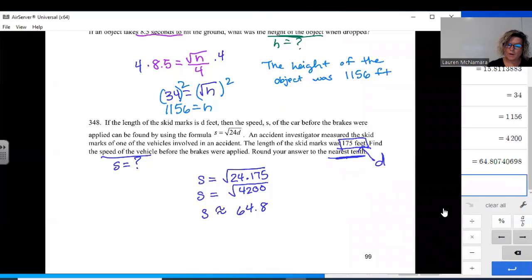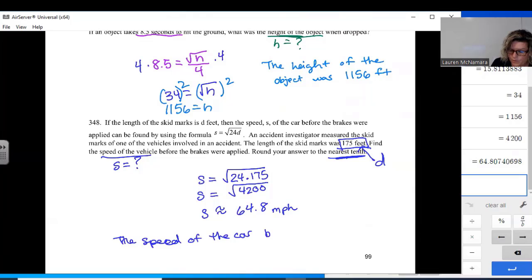And I would think that would probably be miles per hour. So the speed of the car before the brakes was 64.8, and I'm assuming miles per hour.